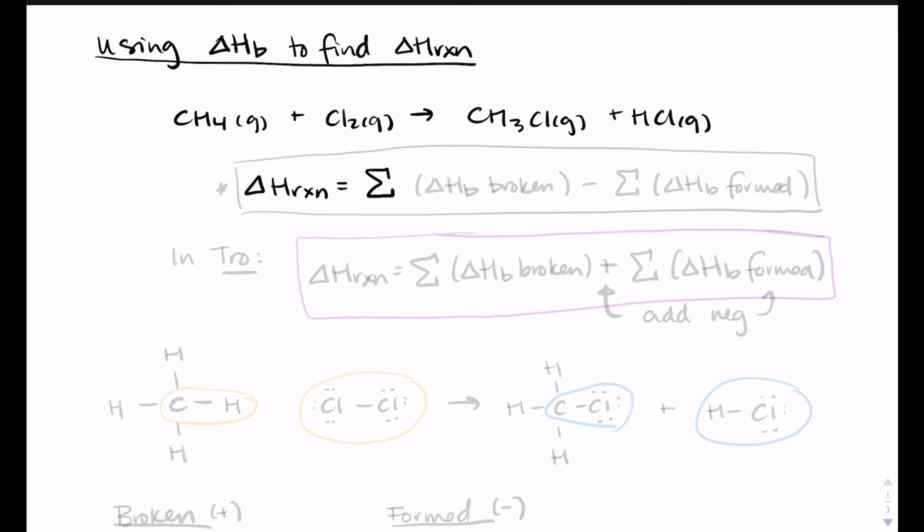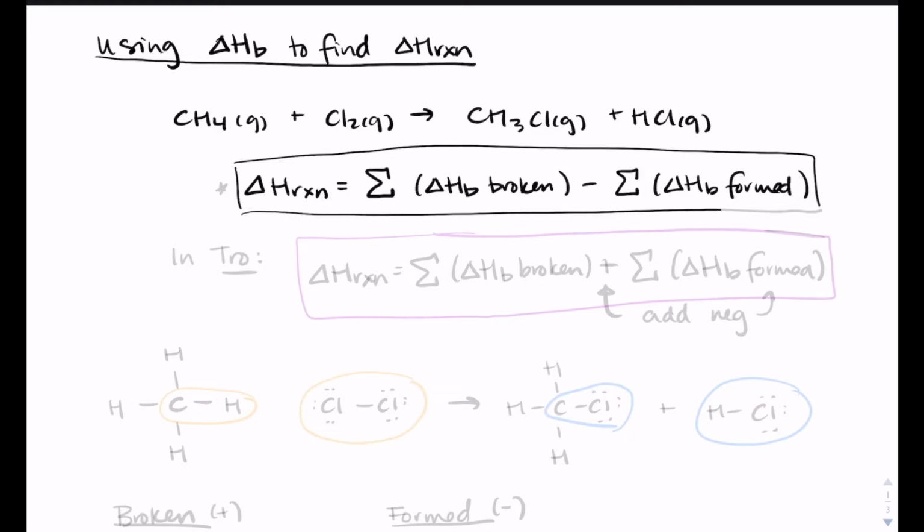So the reaction we're going to look at is CH4 plus Cl2 making CH3Cl and HCl. Everything is a gas, so great. The way that the delta H reaction is calculated, it is the sum of the bonds that are broken minus the sum of the bonds that are formed.